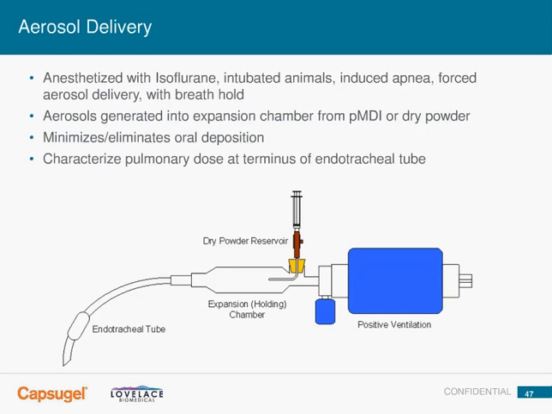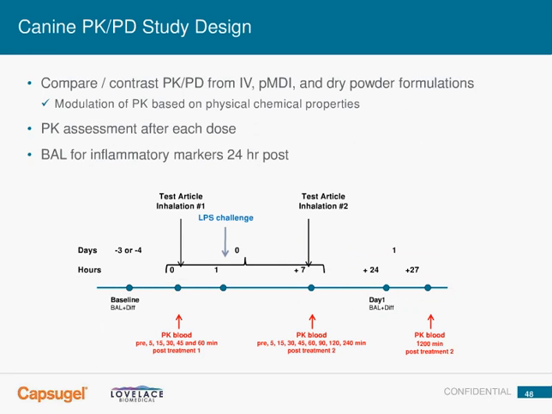So now I'd like to talk through a couple of studies where we use this type of delivery to deliver materials for some case studies in large animals. The first case study I would like to talk about is some work that we did with the teams at Capsugel to try to quantify and differentiate some of the tools they have to make different crystalline or amorphous materials in a PK/PD setting in large animals, where we're using local inflammatory markers as our PD endpoint and systemic pharmacokinetics as our PK endpoint.